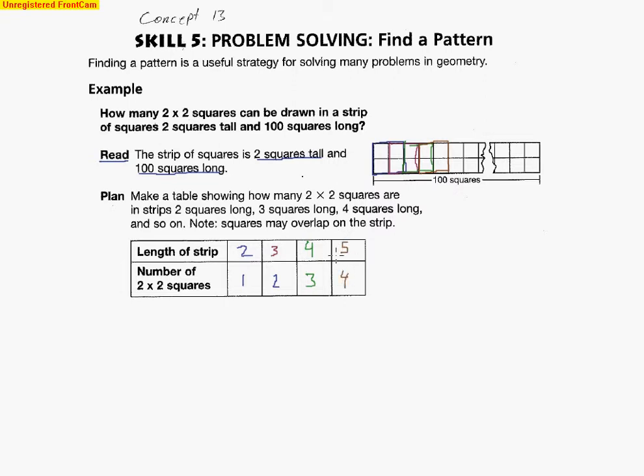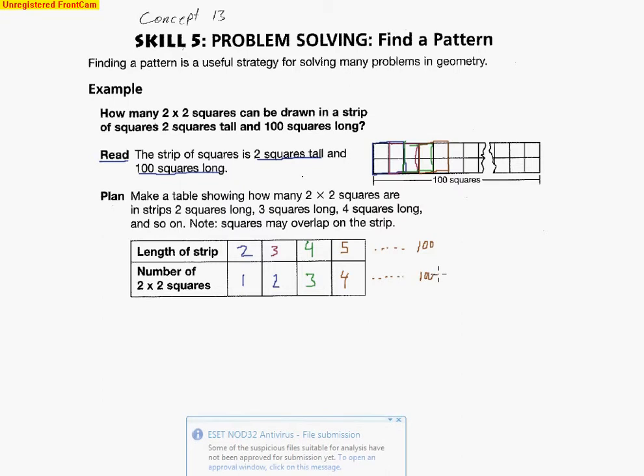Looking at this, I can come up with a pattern. If I continue on until I've reached 100, notice that these lengths of strips are only 1 less than the number of 2 by 2 squares. So if I had 100 here, then the number I would have here would be 100 minus 1, which equals 99.